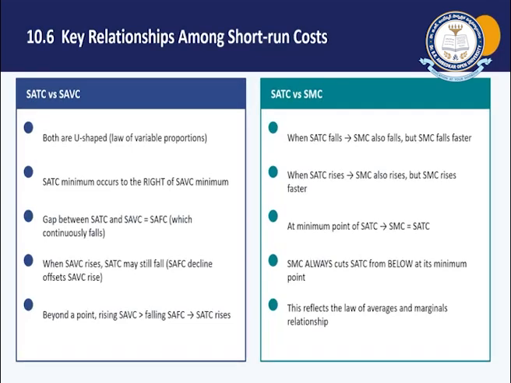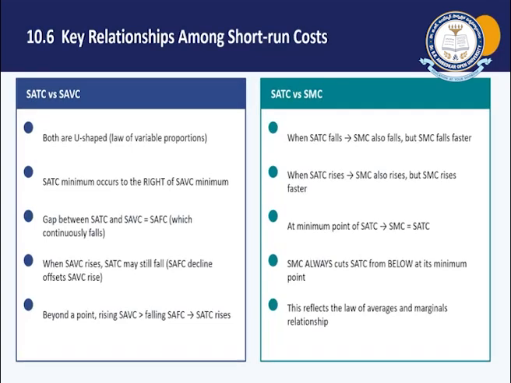Now compare short run average total cost with short run marginal cost. When SATC falls, short run marginal cost also falls, but SMC falls faster. When average total cost rises, marginal cost also rises, but SMC rises faster than the ATC.